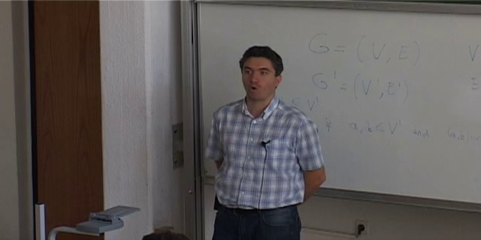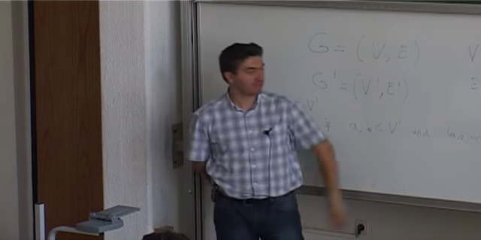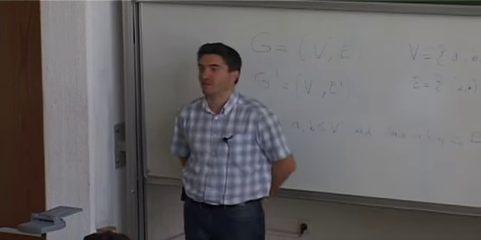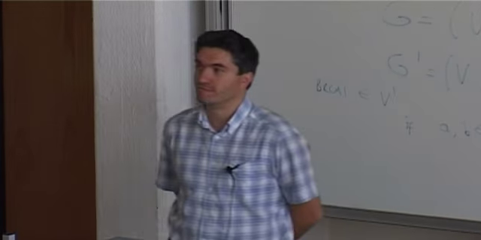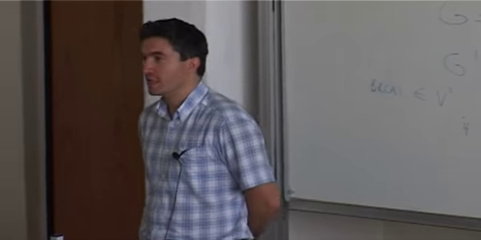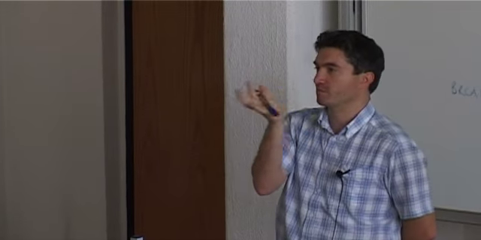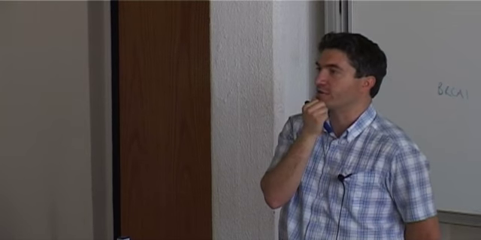How can you reduce this O(n²) to O(n), and what kind of data structure can you use to represent a graph? Okay, if we have a linked list, what would the linked list contain?